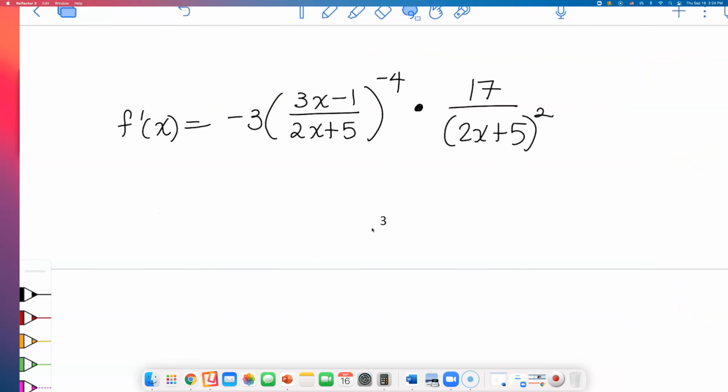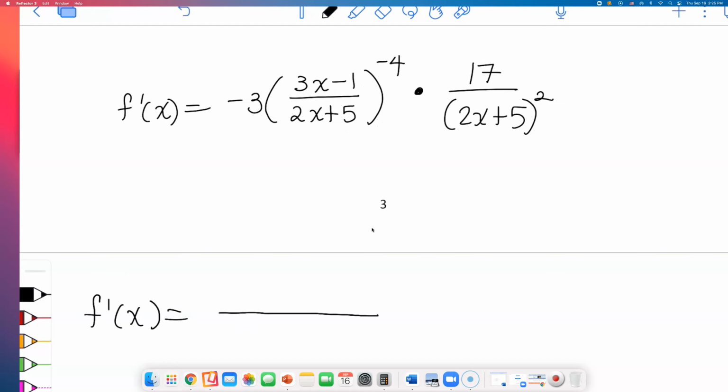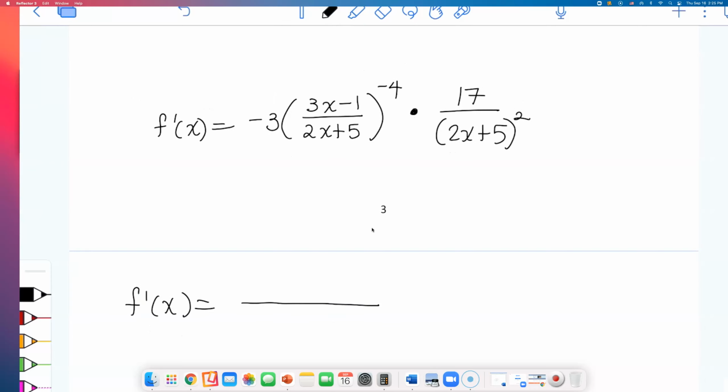So when I'm simplifying this, I have f prime of x equals, I'll use the same format. But here's the thing, I have a negative exponent. When you have a negative exponent, you have to reciprocate it to convert it into a positive exponent. So take a look at this. The negative 3 is still on top of the fraction.